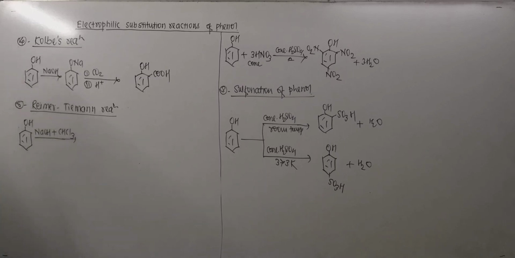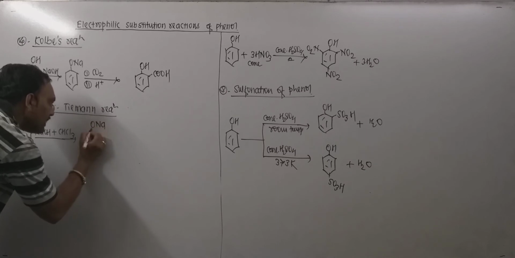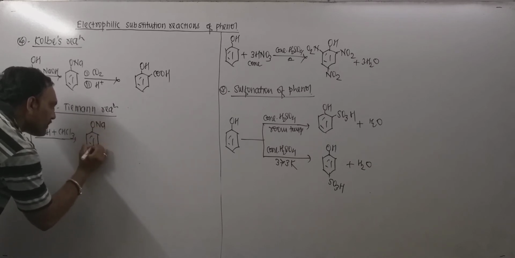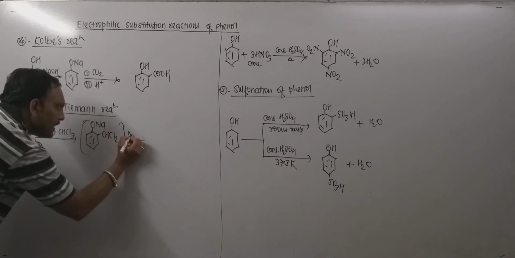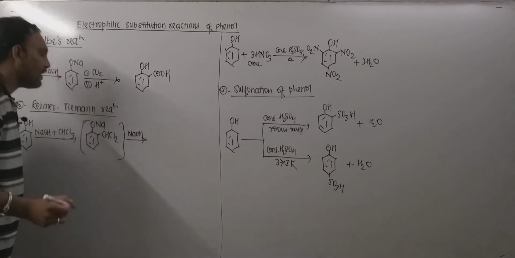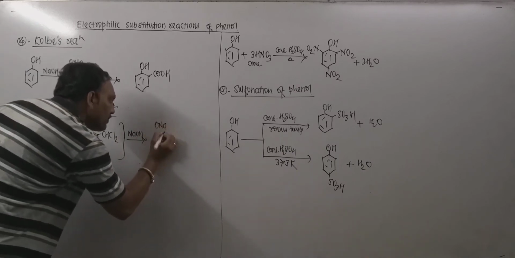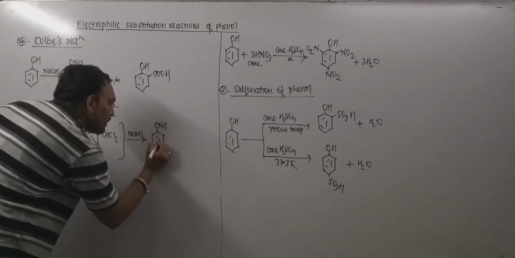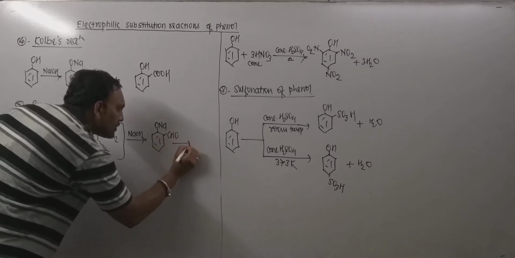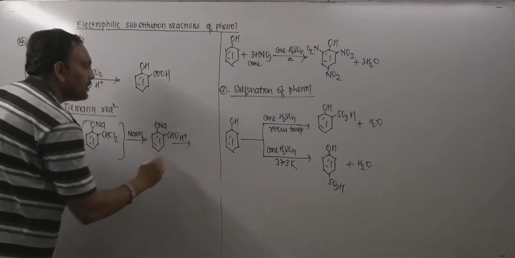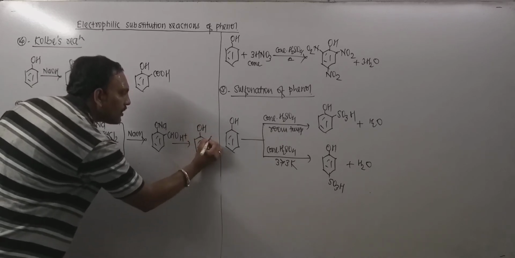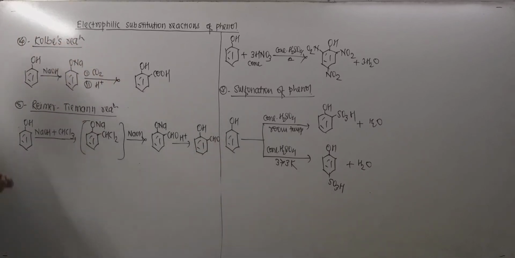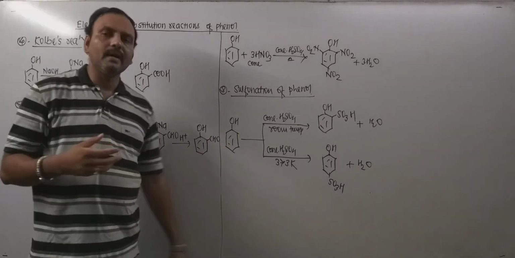When we react phenol with aqueous NaOH and chloroform, then an intermediate is obtained which can be given as, this is an intermediate, which further reacts with the aqueous NaOH, leading to the formation of this intermediate again, which on hydrolysis using acid gives our product, which we call salicylaldehyde. So this is the Reimer-Tiemann reaction.